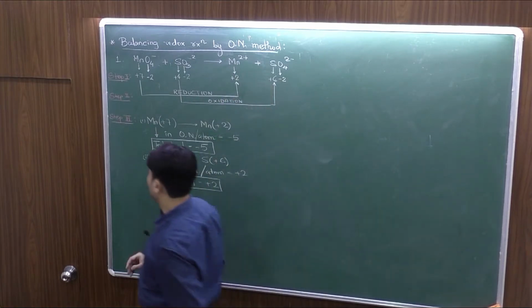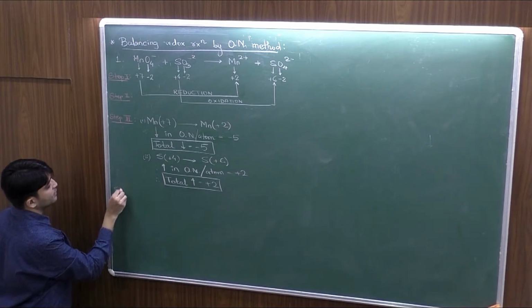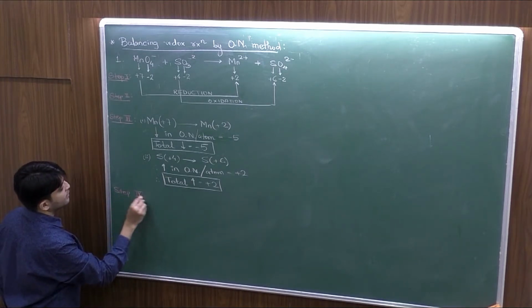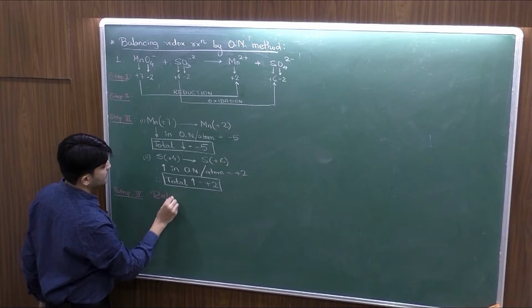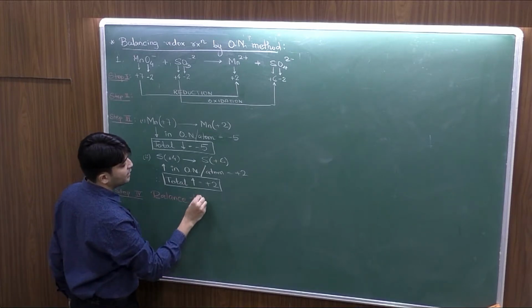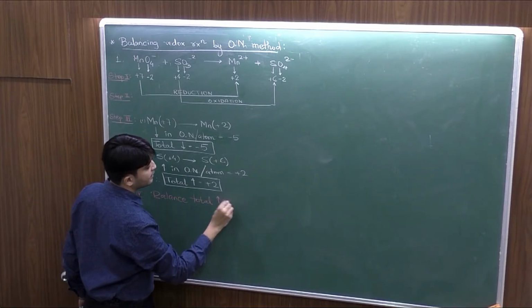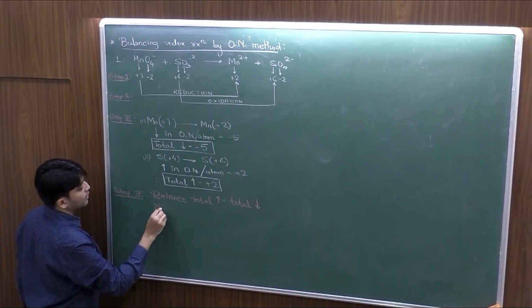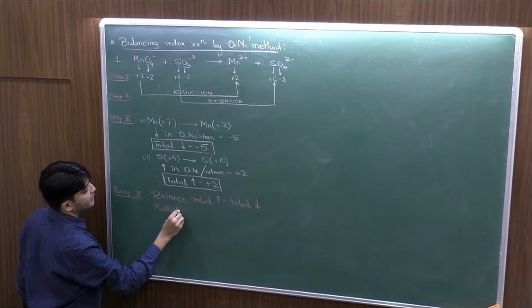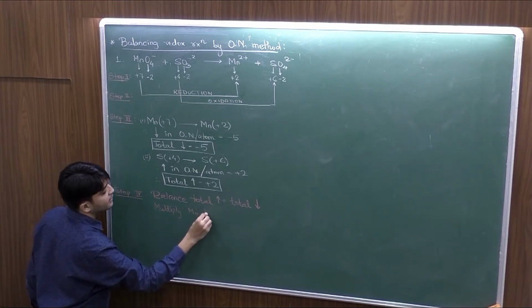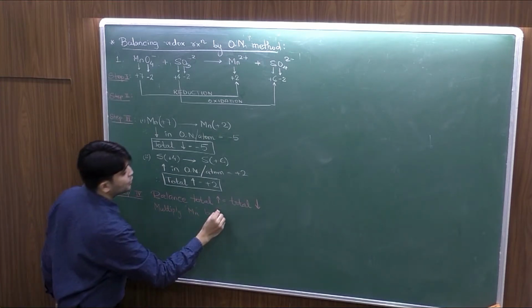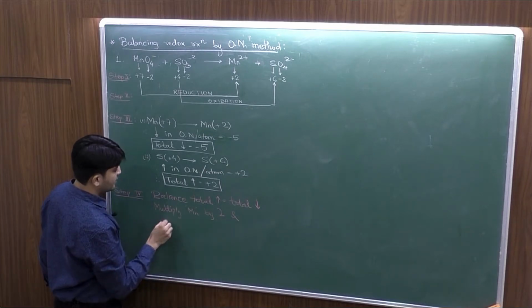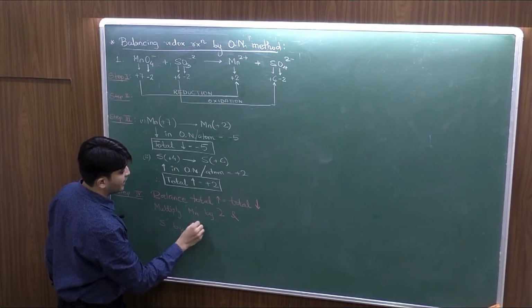Clear? So next step, step number 4 is balance. What we have balanced? Total increase with total decrease. So the conclusion is multiply Mn species by 2 and sulfur species by 5.